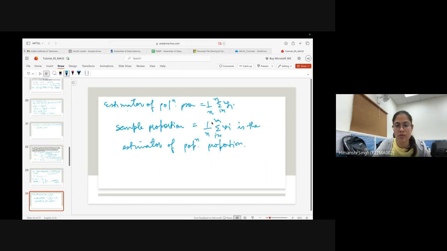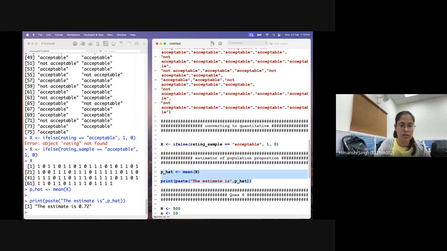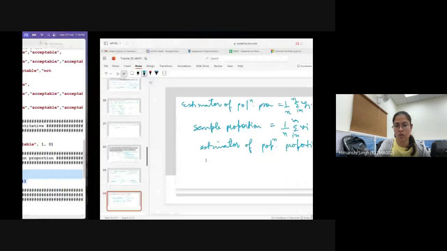So this is the mean of x. So p hat, the estimator of the population proportion, would be the mean of x. If I calculate that, it comes out to be 0.72.